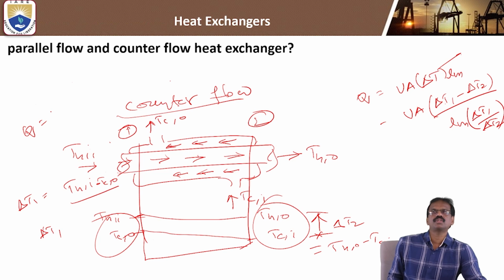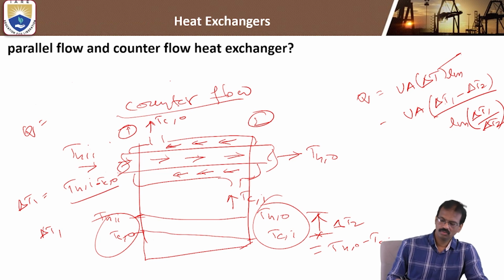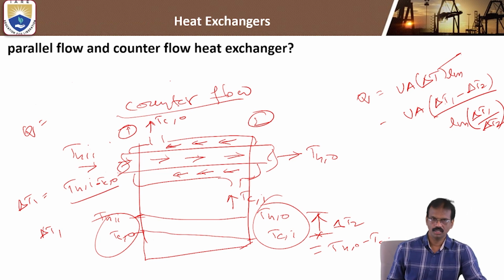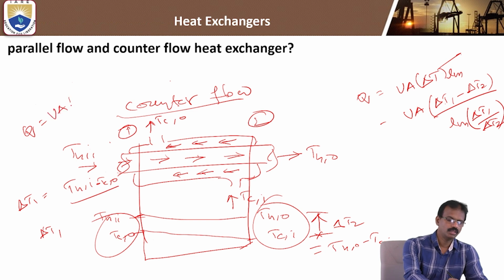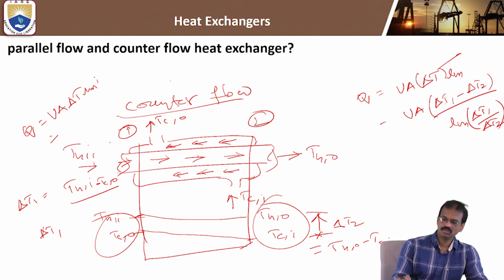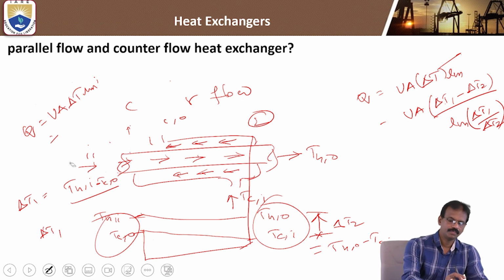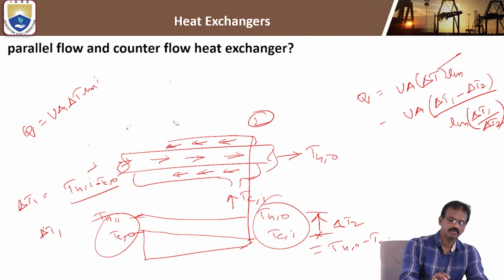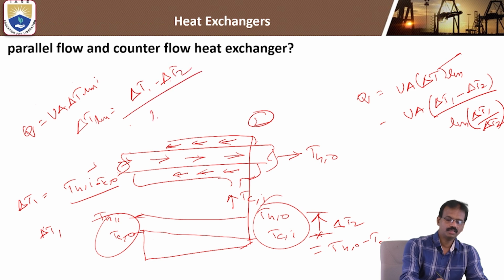Then the rate of heat transfer in the counter flow. To find the rate of heat transfer in the counter flow, this is the same formula according to LMTD method, UA into delta TLM, same. But delta TLM is different. Delta TLM is equal to, the formula is same, delta T1 minus delta T2 by ln of delta T1 by delta T2.